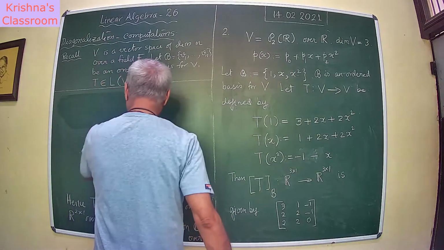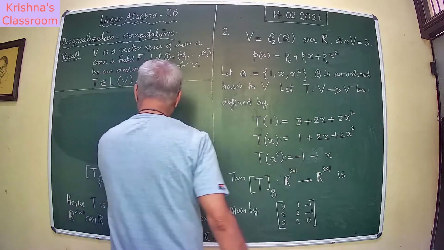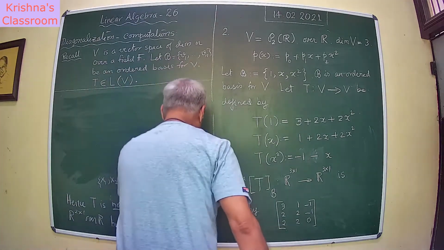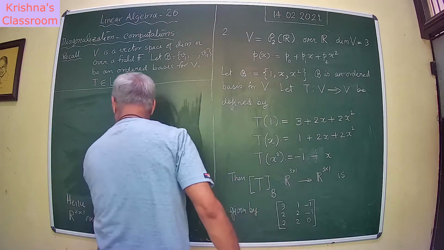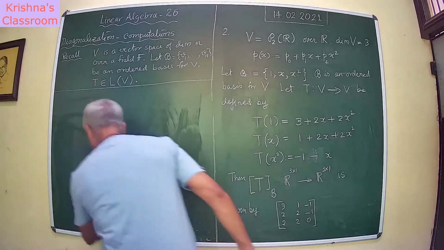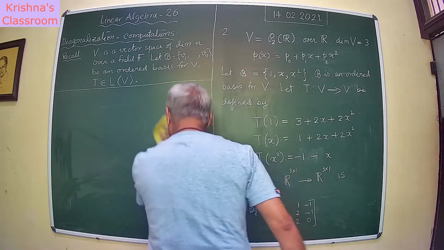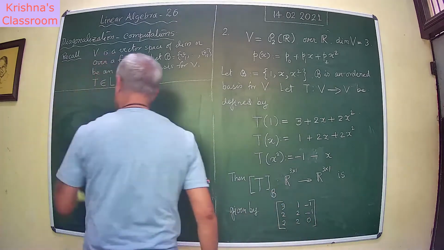So we have obtained TB, and you know that TB is not diagonal. I didn't say that it is not diagonalizable or anything, but at the moment it is not diagonal. So what do we do? We try to diagonalize this if possible.